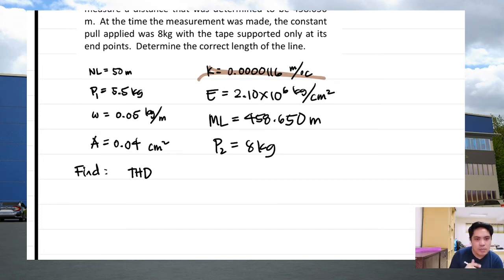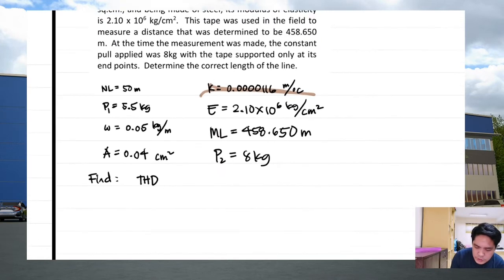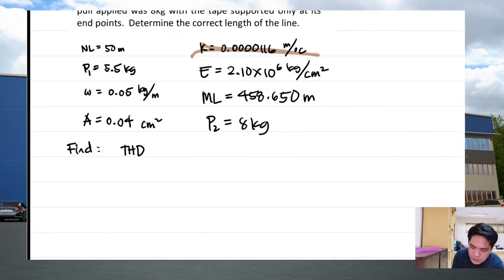But if there is a change in temperature, then you need to apply correction due to temperature. Okay? So, what we will use here is correction due to pull, because there's a change in the amount of pull, and correction due to sag, because its weight is given. So, first, let us find the first correction.